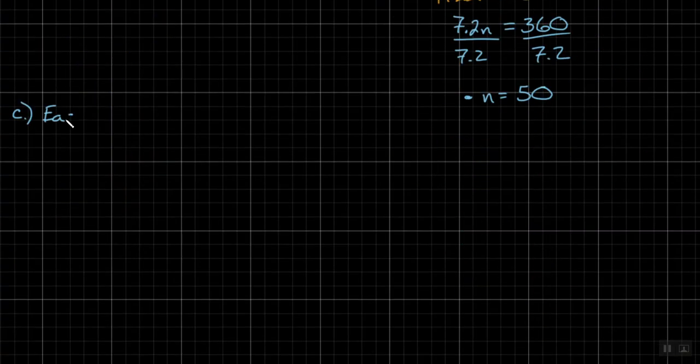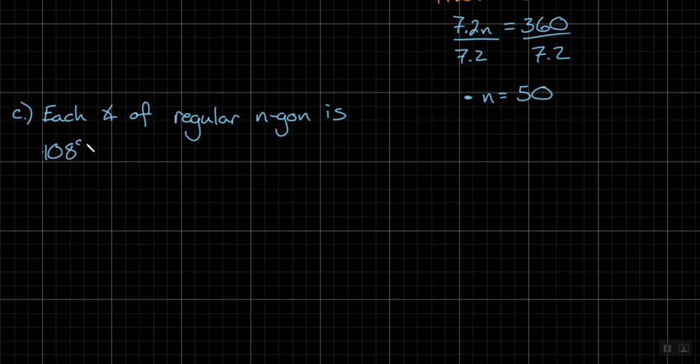Each angle of a regular n-gon is, let's make this one much nicer, 108 degrees. I want to know the same question, how many sides? So instead of that 172 point awful number, it's 108.